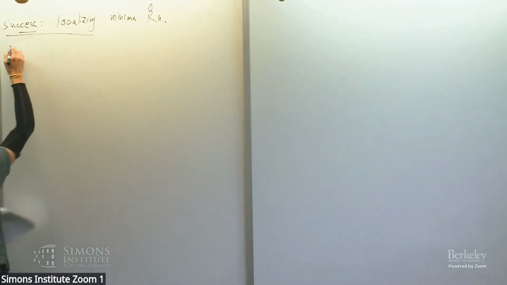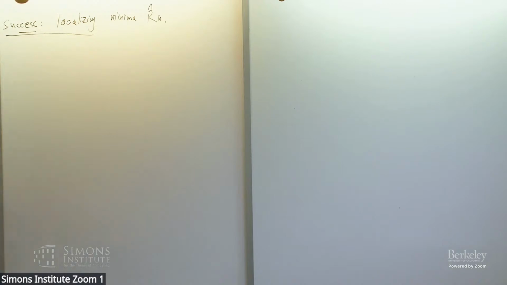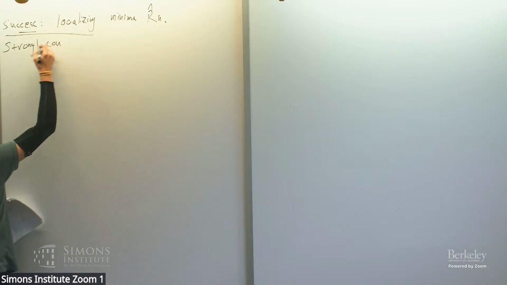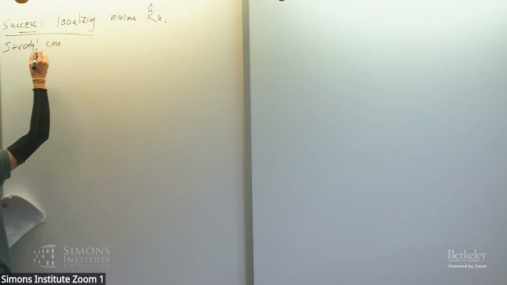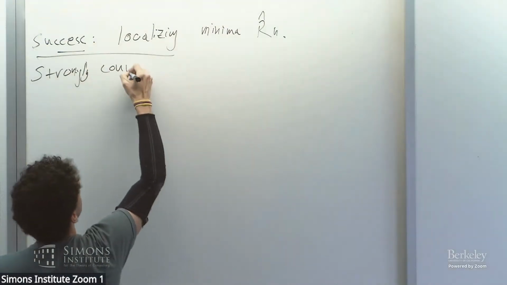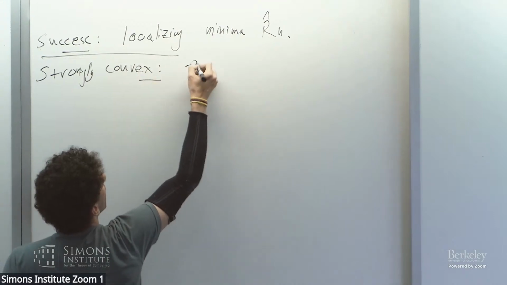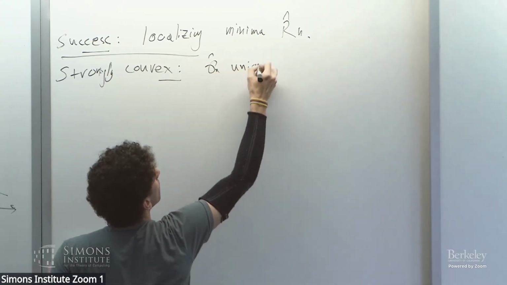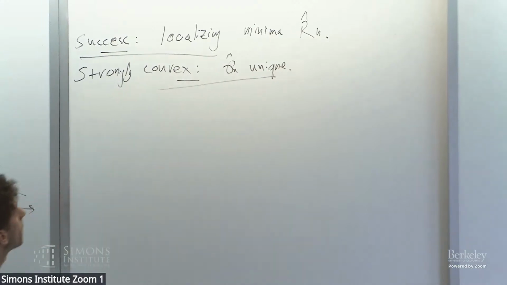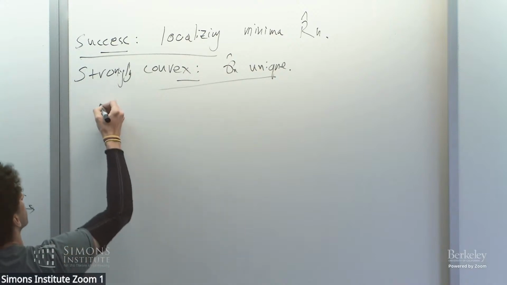And for me to explain what that means, let me restrict to the strongly convex case, where theta hat n is unique. So localizing the minima is about localizing the minimizers.